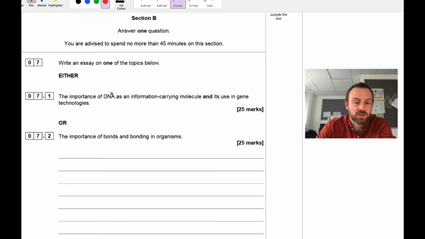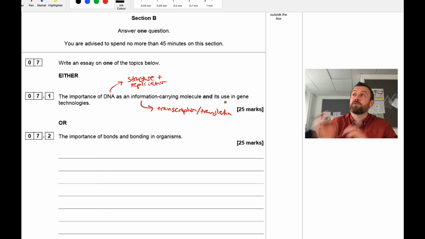First thing to do, I think, is just try and think of 4 separate topic areas that we could talk about. So we could talk about DNA structure and replication. That's one topic area. We could talk about transcription and translation, and the sort of flow of information from the DNA into the protein.